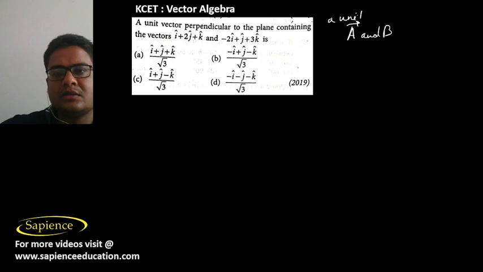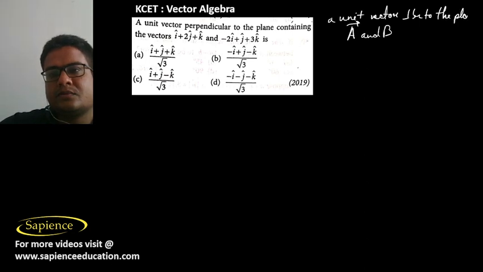The rule is that a unit vector perpendicular to the plane of the vectors a and b is given as a cross b divided by the magnitude of a cross b.